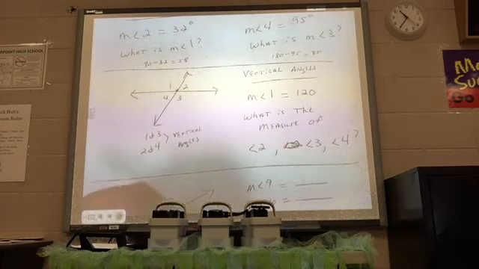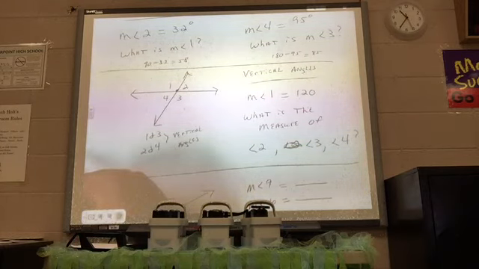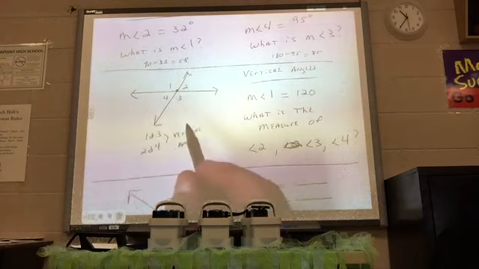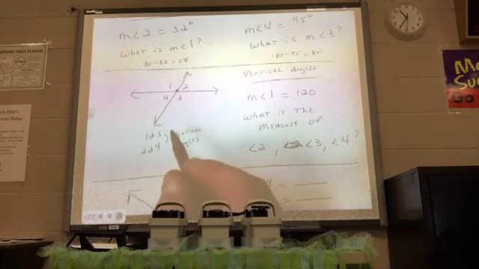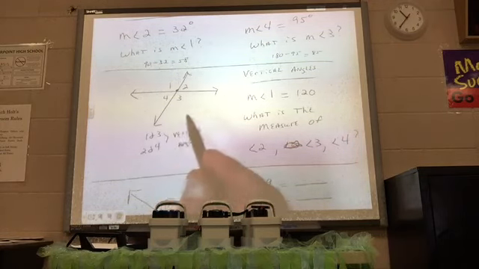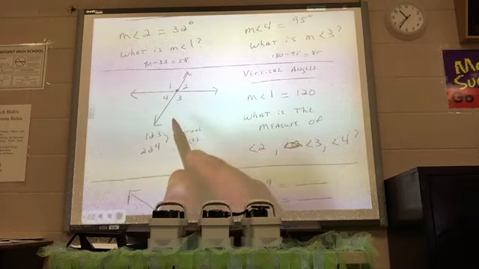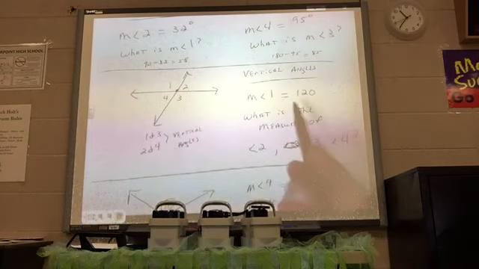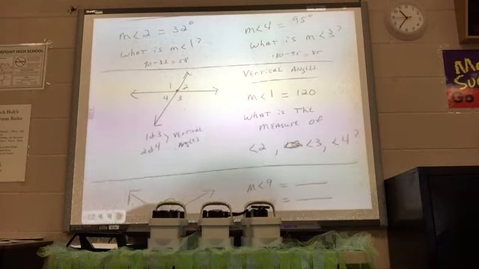How do their measures compare? Like 1 and 3. What do you know about angle 1 and 3? They're the same. So if 1 and 3 are the same, what about 2 and 4 if they're vertical? They're the same. So if I know that angle 1 is 120 degrees, what's the easiest angle there to find? 3.